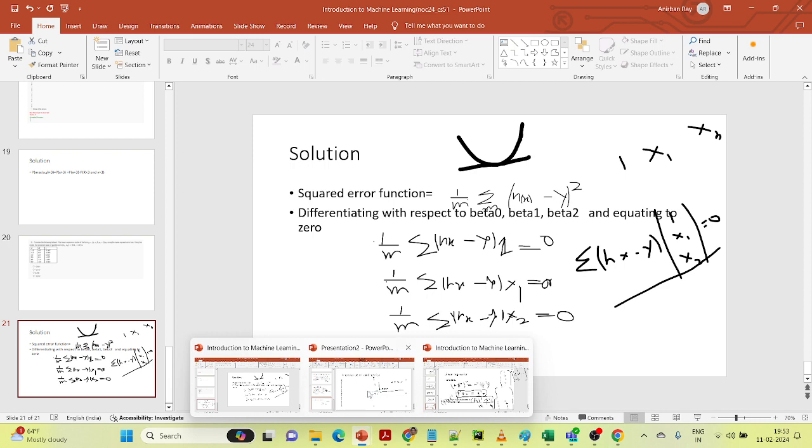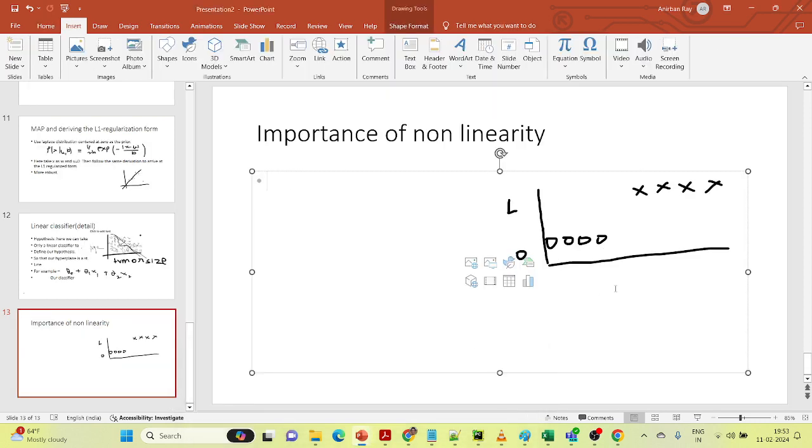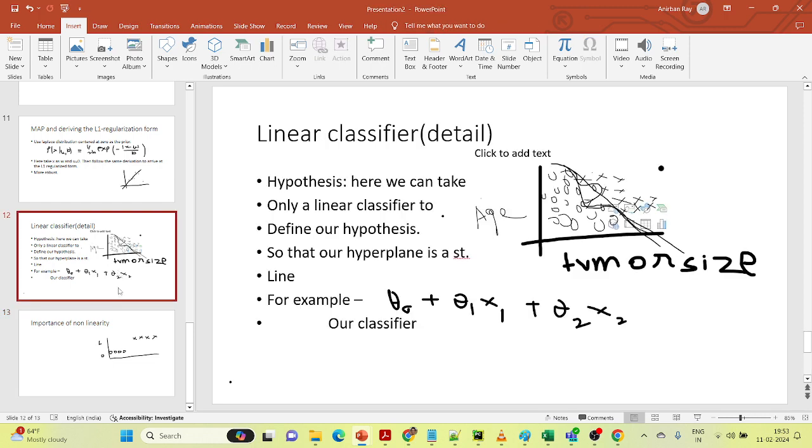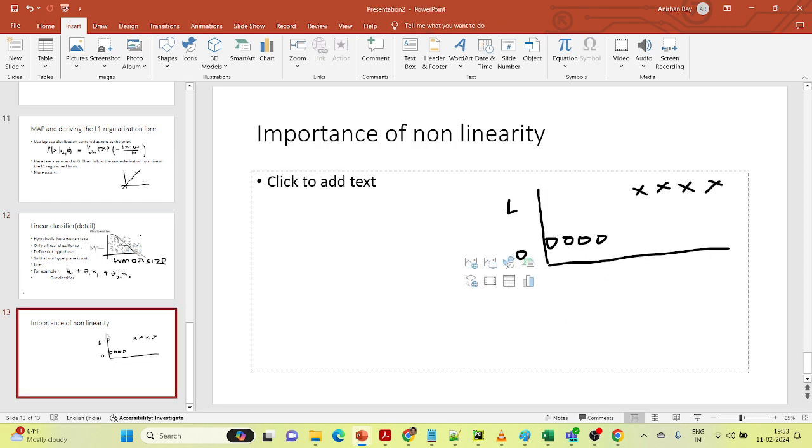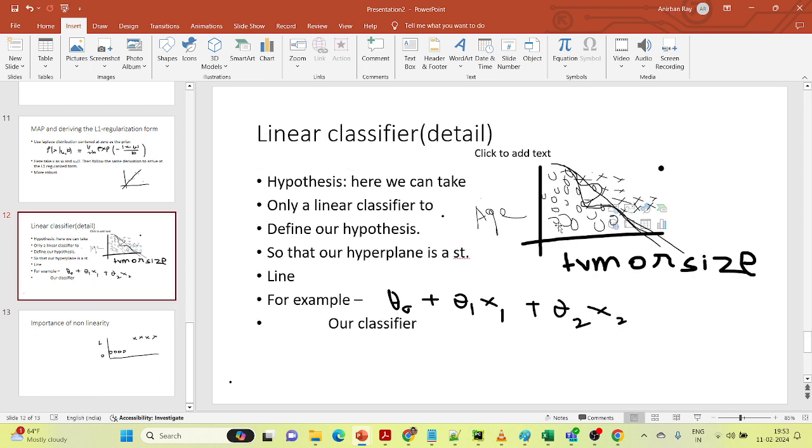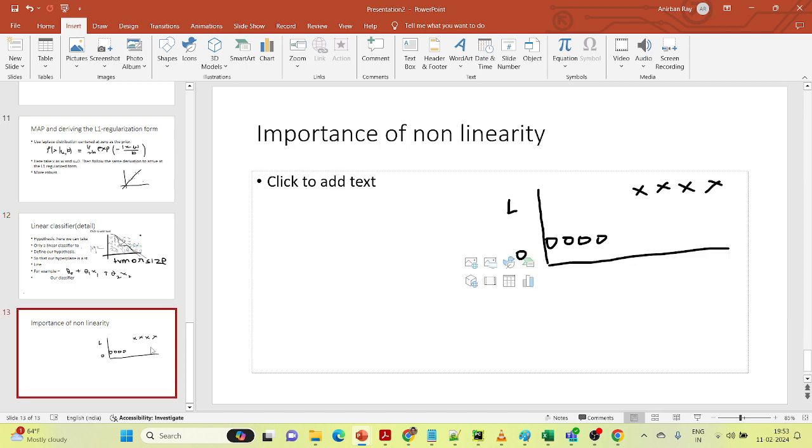So where we were here. As you can understand, we need a classifier. What we need to give is whether this is a tumor or not. If a person has a tumor, the person has cancer or not. So 1 or 0.